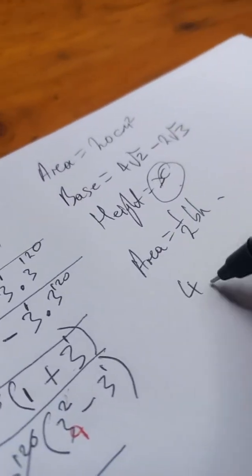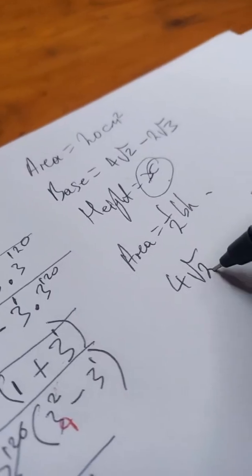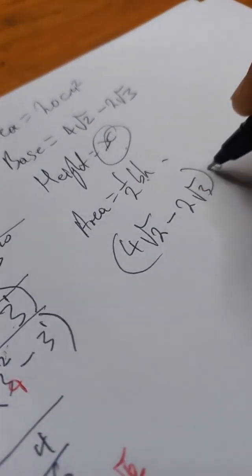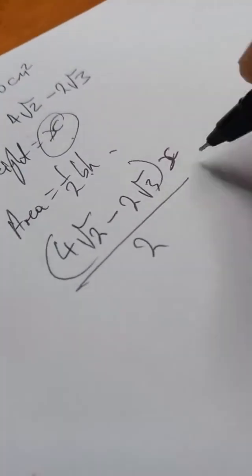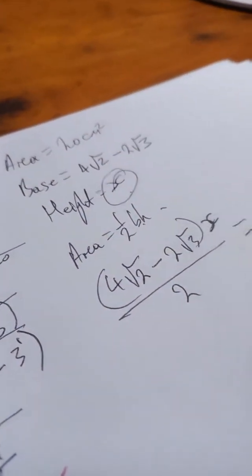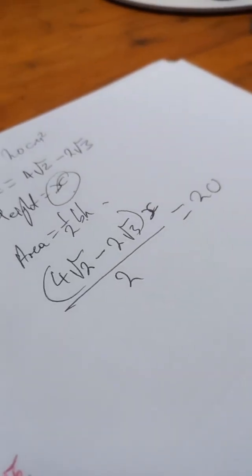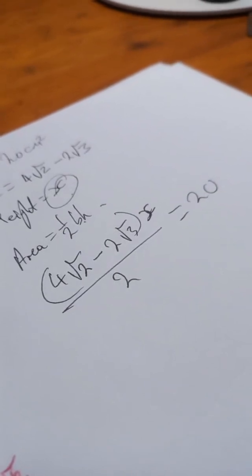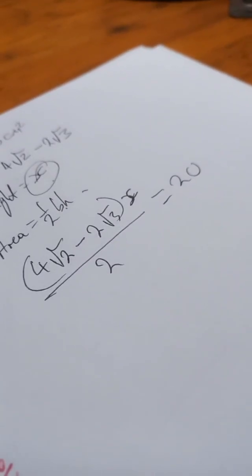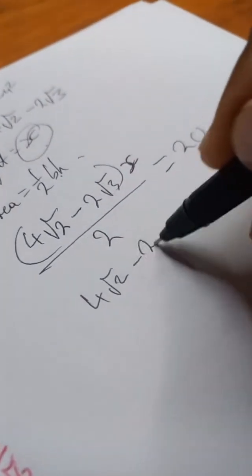Our base is 4 square root of 2 minus 2 square root of 3. Our height is x, which we don't know, over 2, is equal to 20. Let's check this. 4 square root of 2 minus 2 square root of 3 times x is equal to 40.